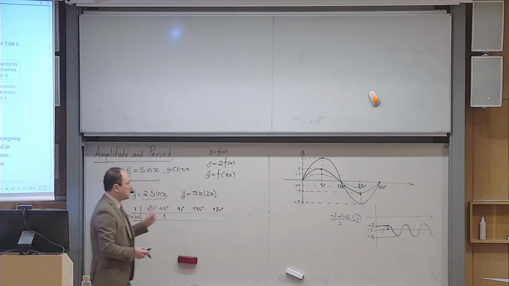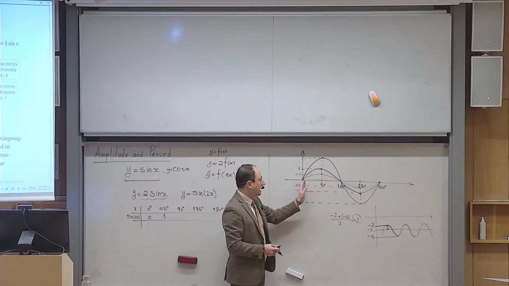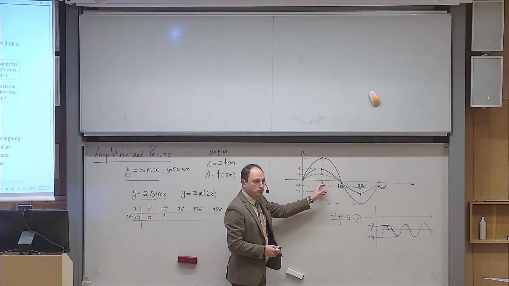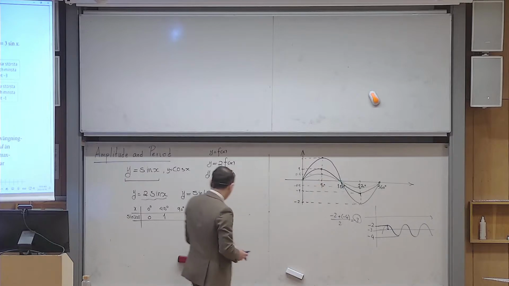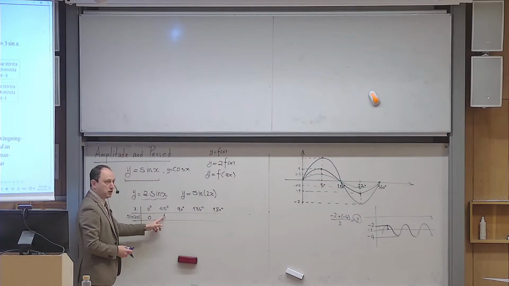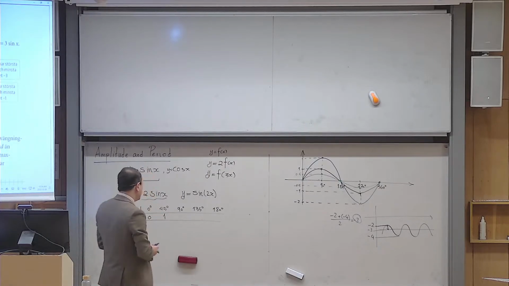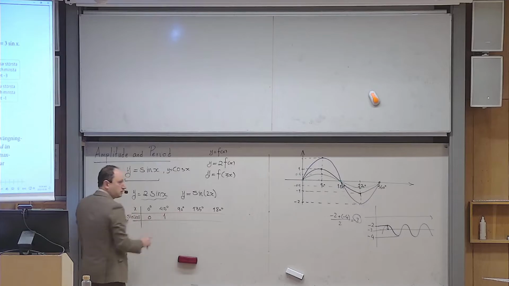So you see, in the previous case, if I want to reach this height, I have to wait until I reach 90. But in the new case, I will achieve the maximum height when I am at 45. Because of this factor of 2, I will speed up. Yes, is that understandable? Okay, and then when I reach 90, what happens?